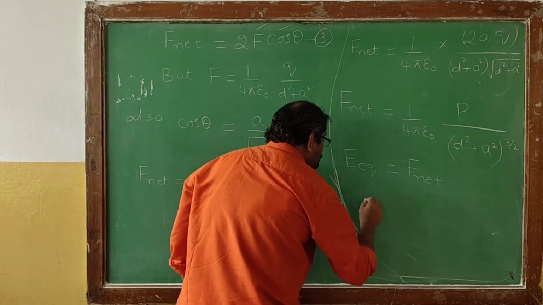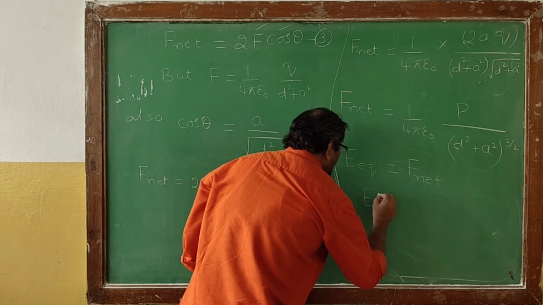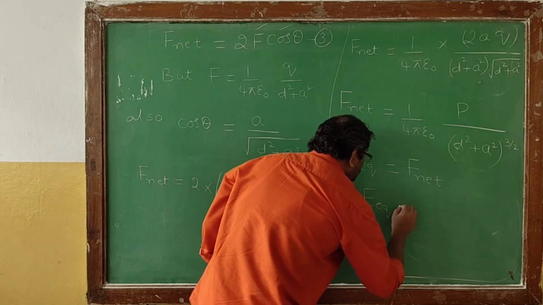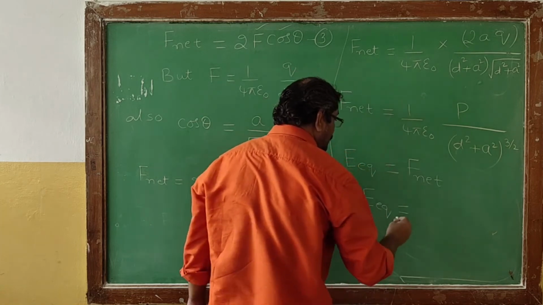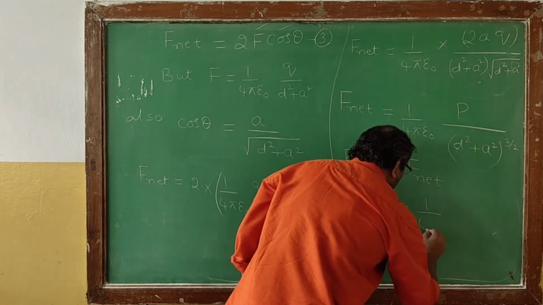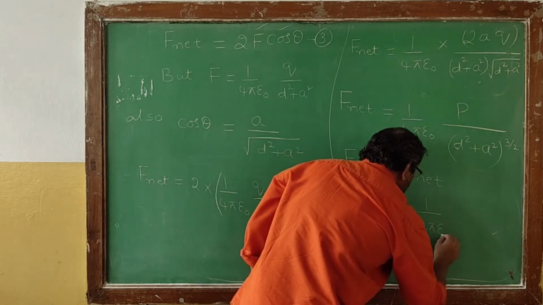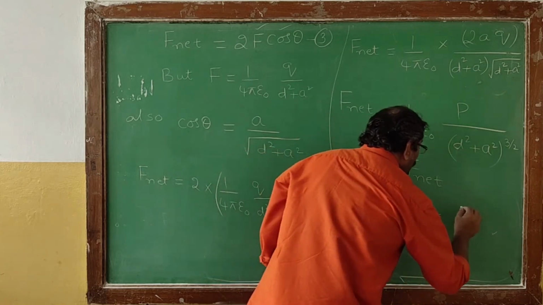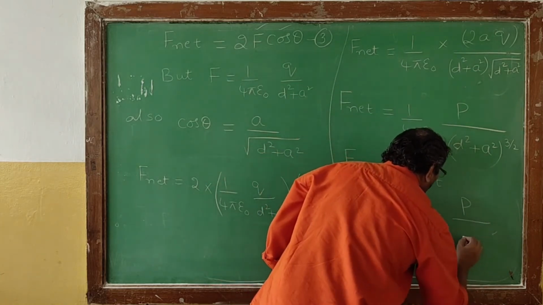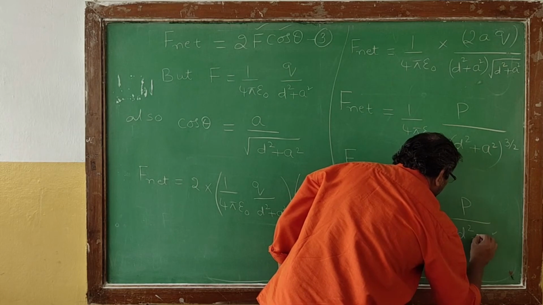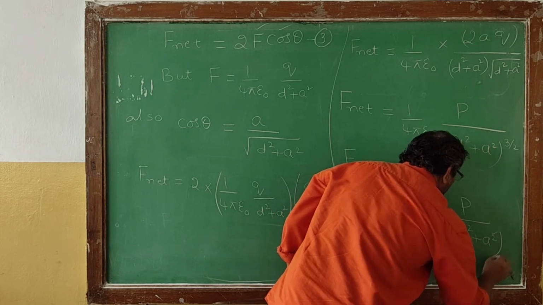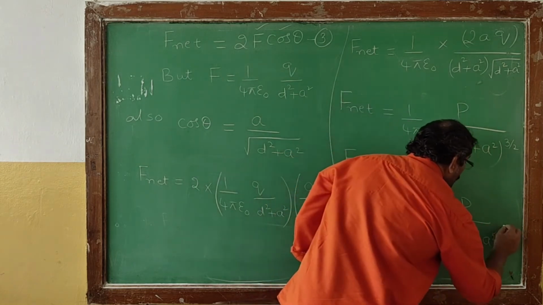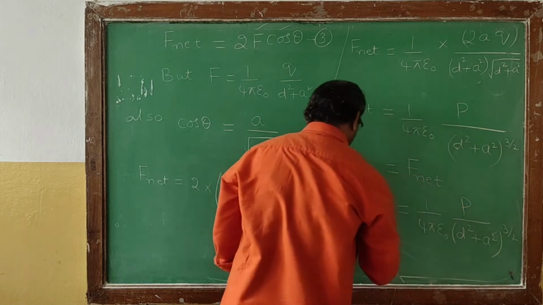Therefore, the electric field on the equatorial line is given by the formula 1 by 4 pi epsilon naught, P divided by (d square plus a square) whole power 3 by 2.